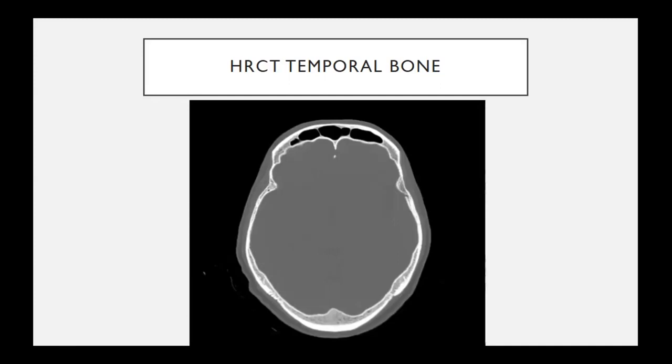No. So inoperable means you cannot get a clear margin. Yes, sir. So you will not get a clear margin or the disease is into regions which are not resected. Right? So if it is involving the carotid canal, it is not operable. If it is coming into the inner ear, it is not worth resecting.